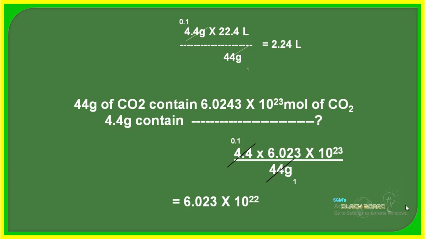So how many molecules are in 4.4 grams of carbon dioxide? 4.4 into 6.023 into 10 to the power of 23 divided by 44 grams. 44 ones are 44, 0.1, so multiplying, we get 6.023 into 10 to the power of 22.